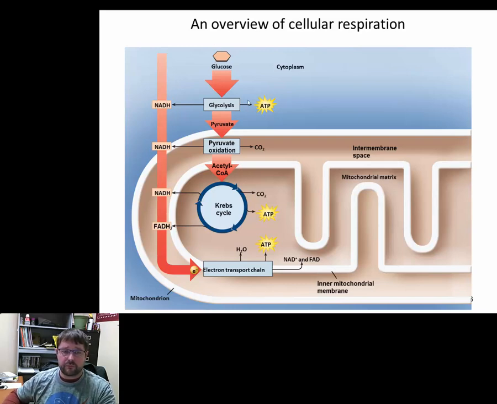So a glucose molecule is going to come in. In glycolysis, a bunch of enzymes convert that glucose molecule into ATP, remove an electron, hydrogen, to form NADH, and create pyruvate, 2 molecules of pyruvate.